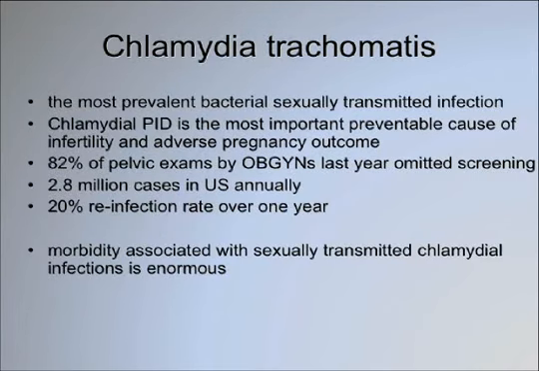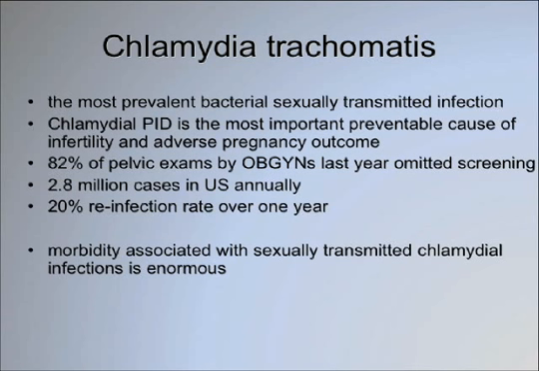First of all, chlamydia. This is the most prevalent bacterial sexually transmitted infection. Chlamydial PID is the most important preventable cause of infertility and adverse pregnancy outcome there is out there. And the important element as we look at the continued chlamydial epidemic is the fact that most general practitioners and OBGYNs do not screen for chlamydia in the appropriate patient population.